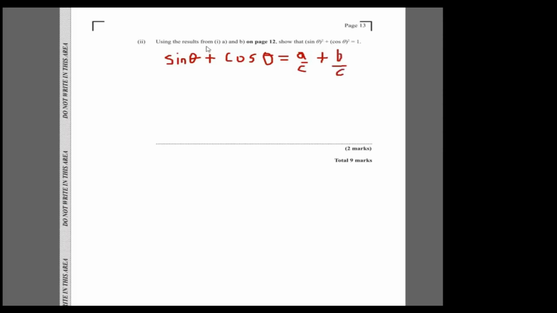Now we notice if we square sine theta, follow me, sine square theta plus... let me not write it as sine square theta. Some person might wonder why I put sine square theta. Don't worry, you'll get used to it in ADMATH and CAPE math. So write it as sine theta squared plus cos theta squared.